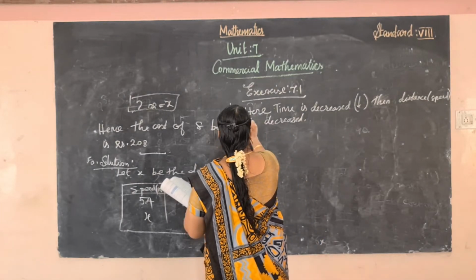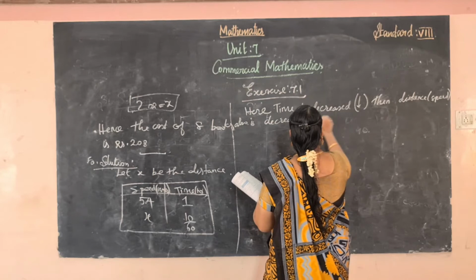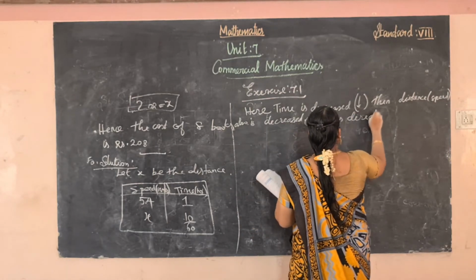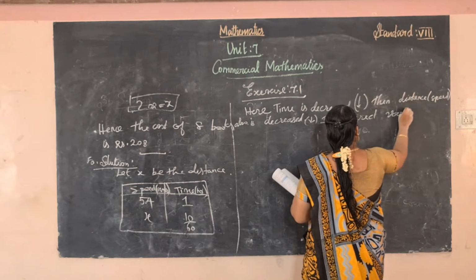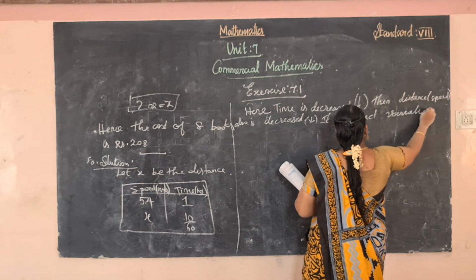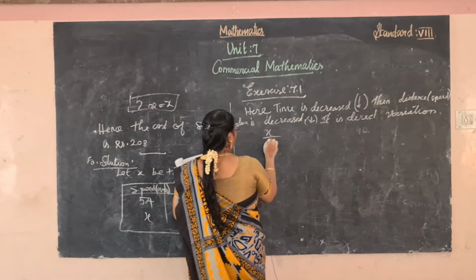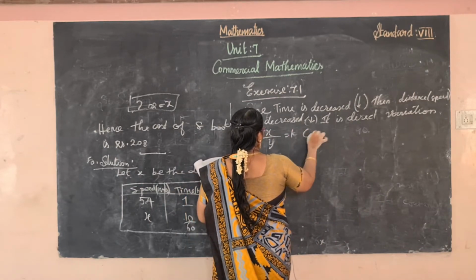Also decreased. It is a direct variation. So x by y is equal to k, a constant.